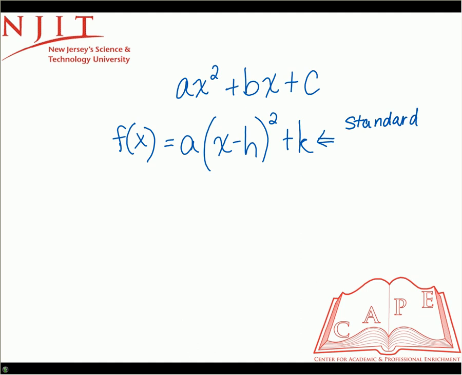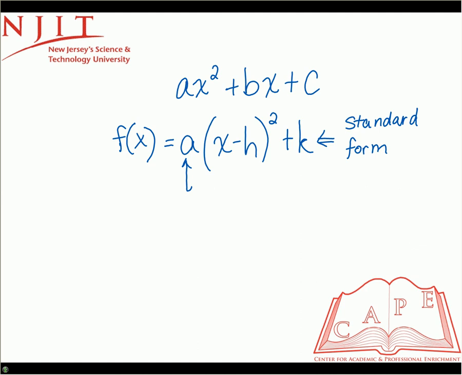Please keep in mind that the variable that we're using is x, and all the other letters represent numbers. So a, as we previously discussed, describes how wide or narrow the parabola is, and also whether it opens face up or face down. Again, the bigger the a, the more narrow your parabola is, and if it's positive a, it faces up. If it's negative a, it faces down.